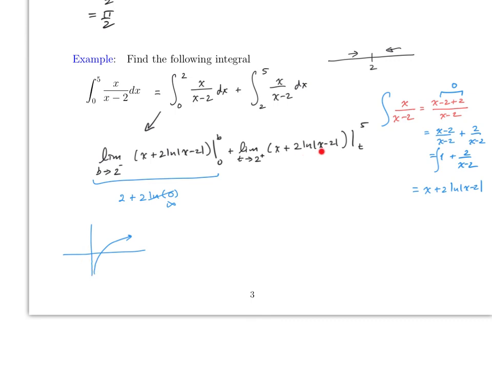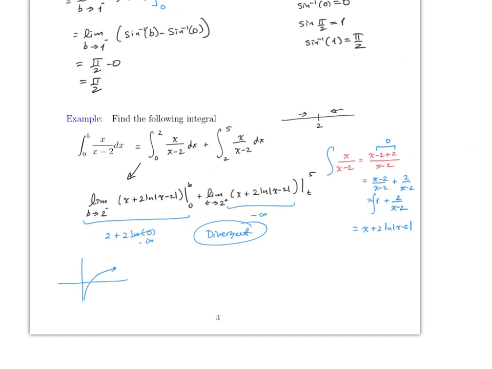You can approach 0 from the right side, but it still will go to minus infinity. So this is an example of a divergent integral, because it doesn't converge to anything. It goes to infinity. Well, the previous one is convergent because it approaches pi over 2.